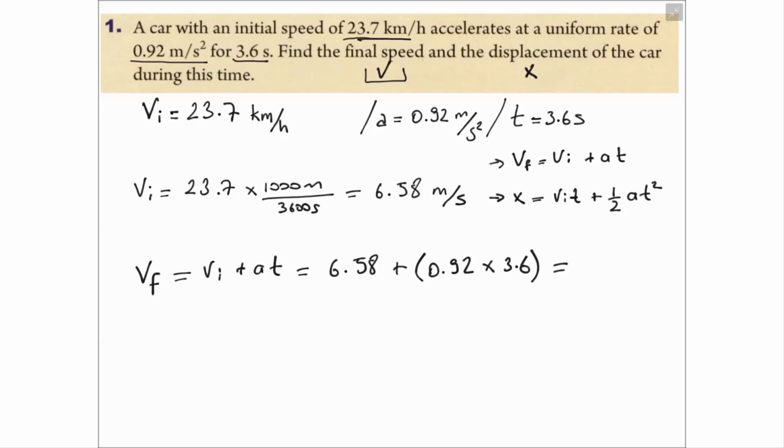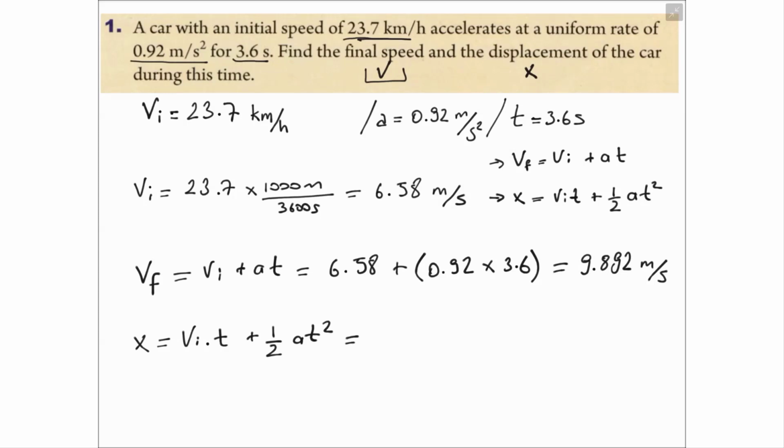So the final answer is gonna be 9.892 meter per second. And the formula of the x is v initial times t plus half a t squared.